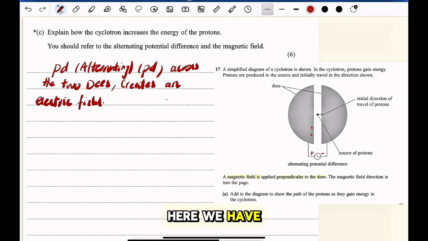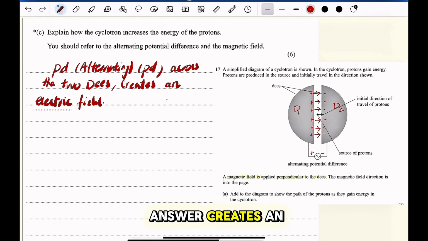The first D, on the left, is positively charged, and the other D is negatively charged. The electric field lines go from the positive terminal to the negative terminal, pushing the positively charged protons in the same direction from D1 to D2.